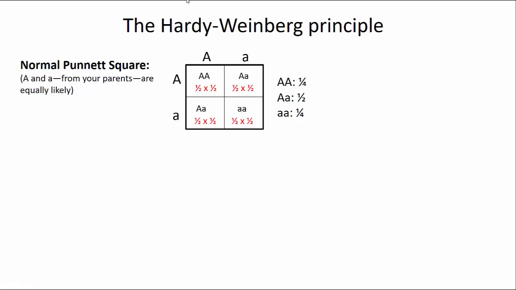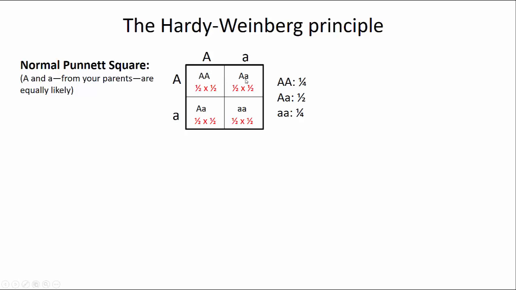In this case, the chance of getting a big A or a little a from the parent on the top is equal, and so we draw these boxes equal in size. Also, the chance of getting a big A or a little a from the other parent is equal. It's a 50-50 chance.